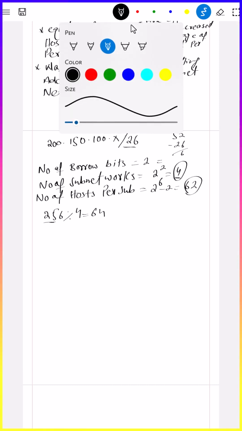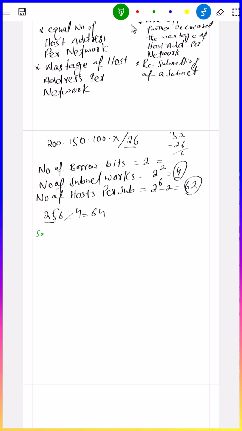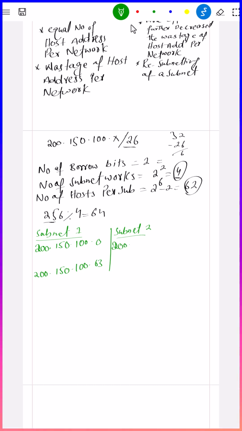The first network, subnet 1, starts from 200.150.100.0 and finishes at 200.150.100.63. Subnet 2 is 200.150.100.64 to 127.